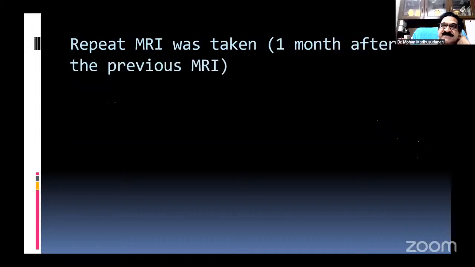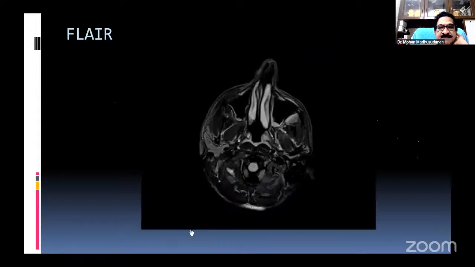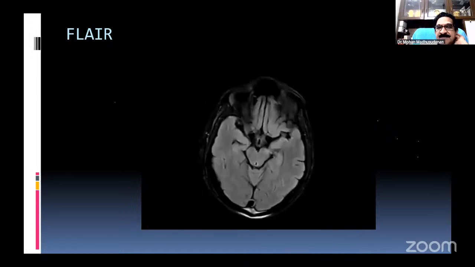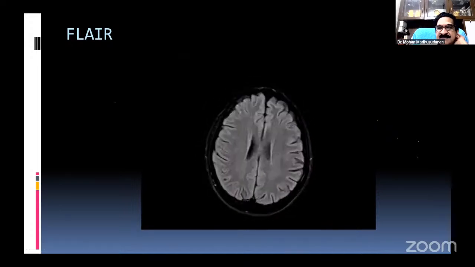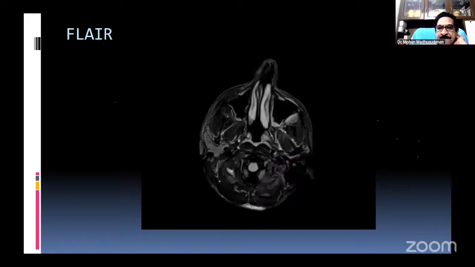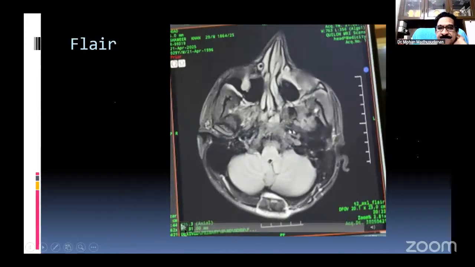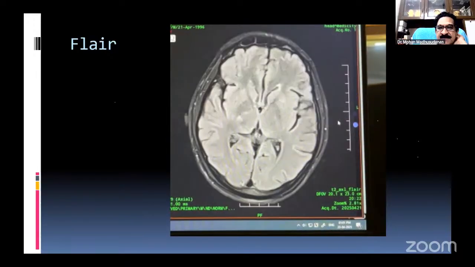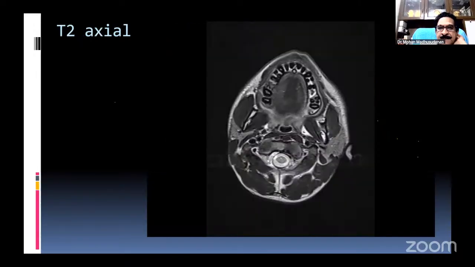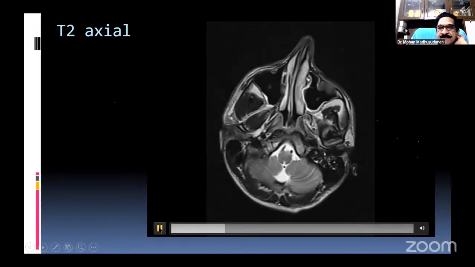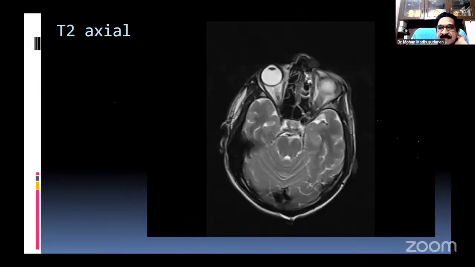So a repeat MRI was taken. That is the present MRI after admission now. This is the present MRI. The lesion is still there, but much better than before. It has regressed to a great extent in the brain. Not a good quality one. This is the spinal cord, and the brain axial cut.